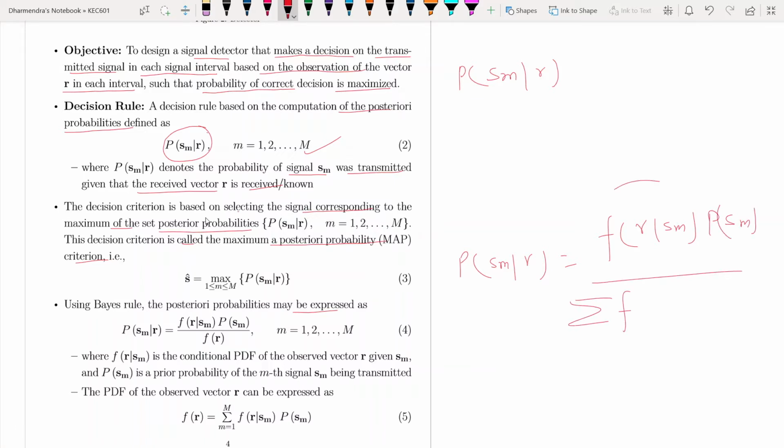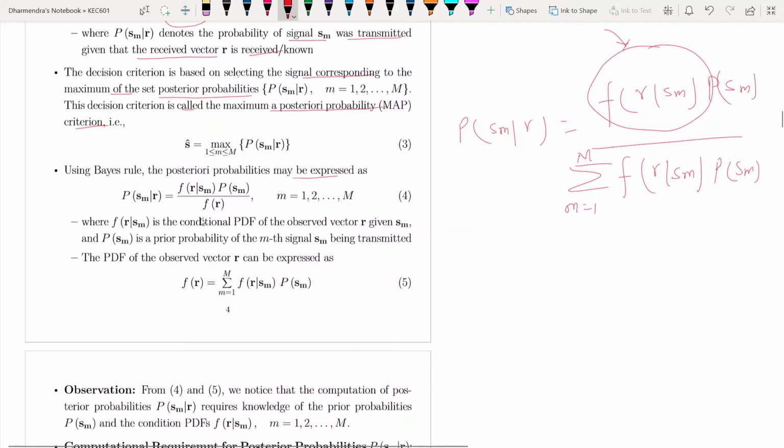This is the conditional probability of the observed vector R given Sm, and P of Sm is the prior probability of the m-th signal being transmitted.